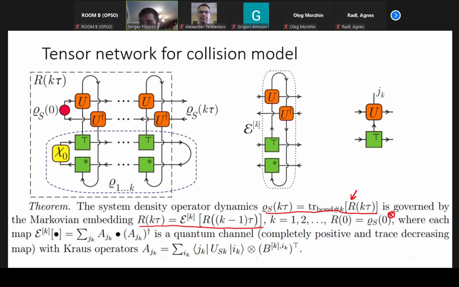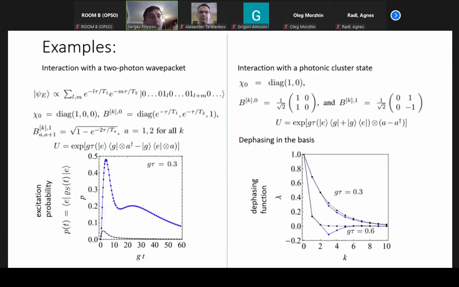R0 is given by rho S0 tensor chi0, where each E is a quantum channel, that is, a completely positive and trace preserving map. Sorry for the mistakes. With Kraus operators of this form. So this is a mathematical formulation of the Markovian embedding. And now I will give some examples.